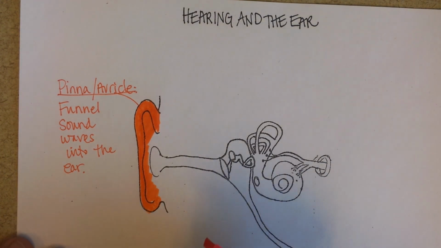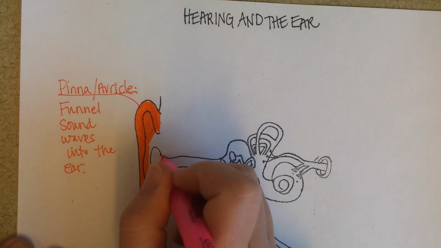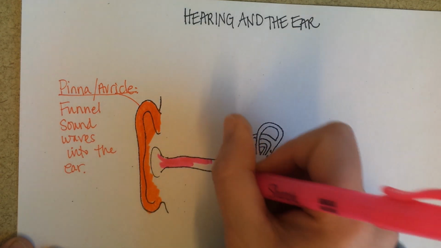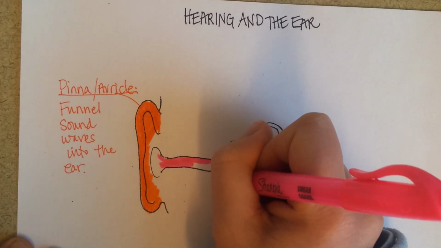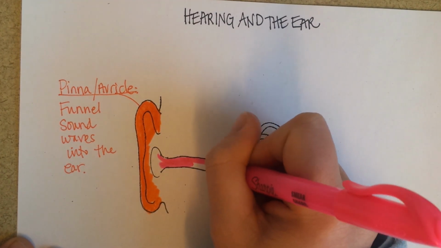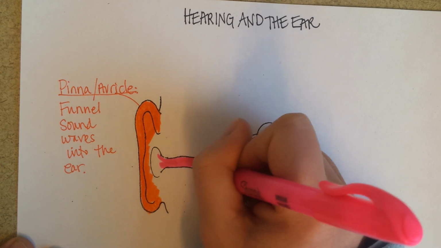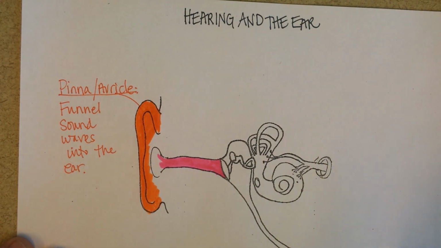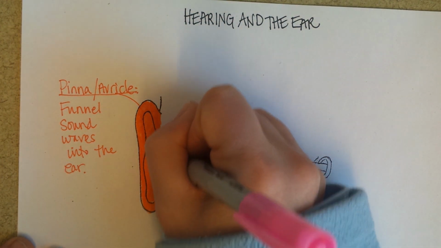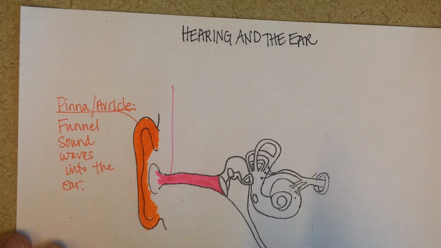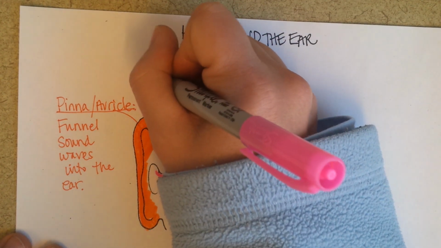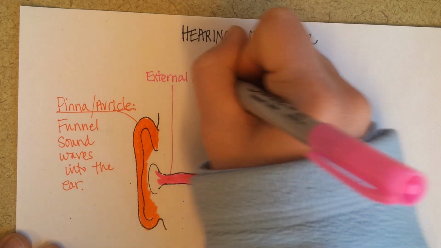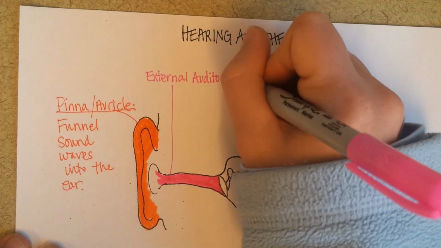Okay, now we'll go a little bit inside of the ear. This is the external auditory canal. Sometimes it's called acoustic, and that's fine.